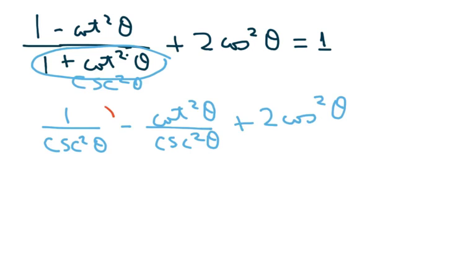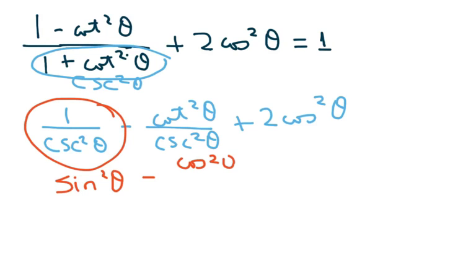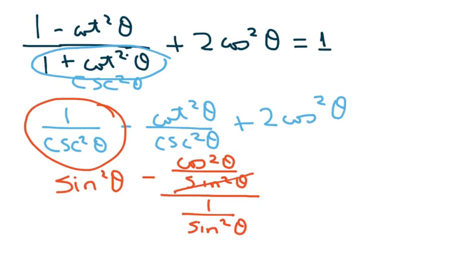All right, and we know that this equals sine squared, and I'm going to go ahead and break these up. This is cosine squared of theta over sine squared of theta, all over 1 over sine squared of theta. Now what happens is these two cancel, and don't forget your tag-along guy here.